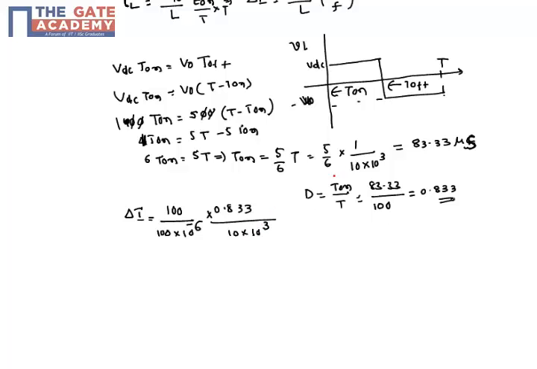If you simplify this, you will get a value of 83.33 amperes. Okay, so the peak current is nothing but the ripple current. This is equal to 83.33 amperes.